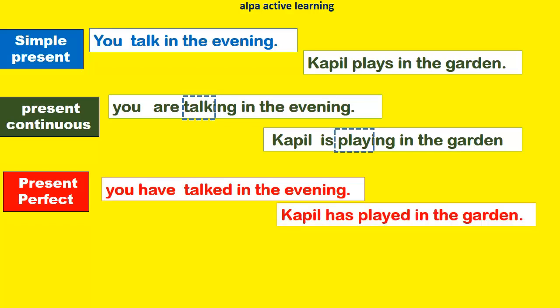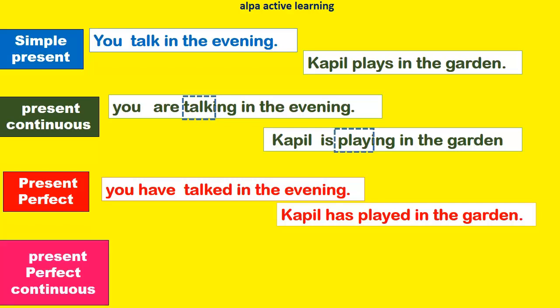Now again have, because you is second person, Kapil is third person. Now coming to present perfect continuous, keys are have or has plus been and ing to the base form.